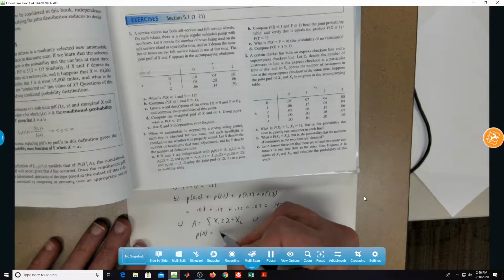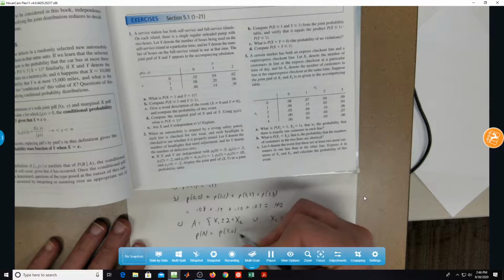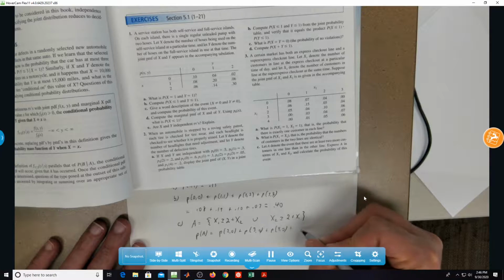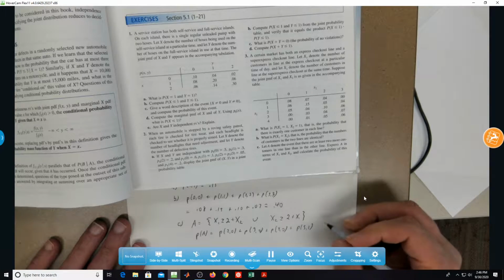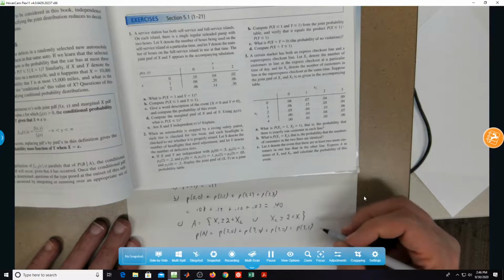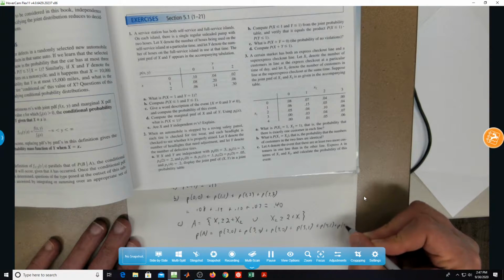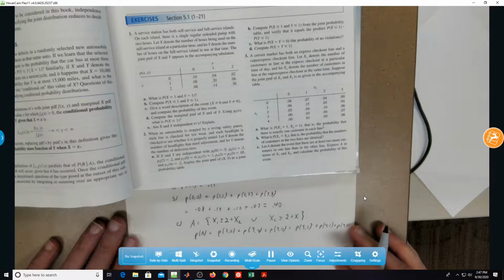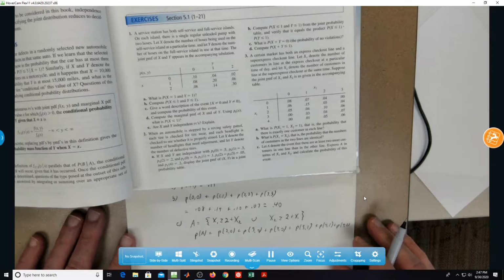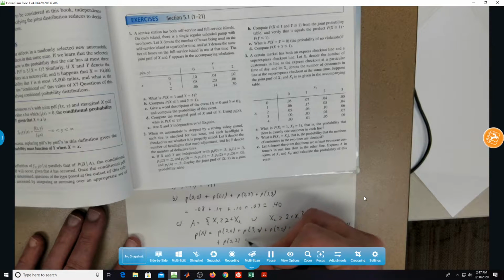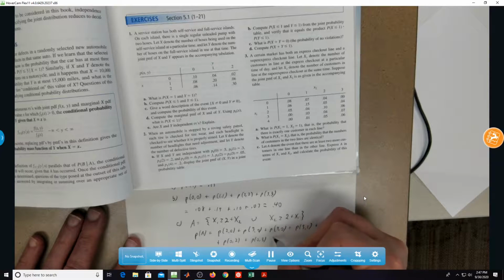So if x1 is going to be greater than x2 by 2, we'd have (2, 0) plus (3, 0) plus (4, 0) plus the probability of (3, 1), not (3, 2), but we would have the probability of (4, 1) plus the probability of (4, 2). Plus, let's go the other way, plus the probability of (0, 2) plus the probability of (0, 3) plus the probability of (1, 3).